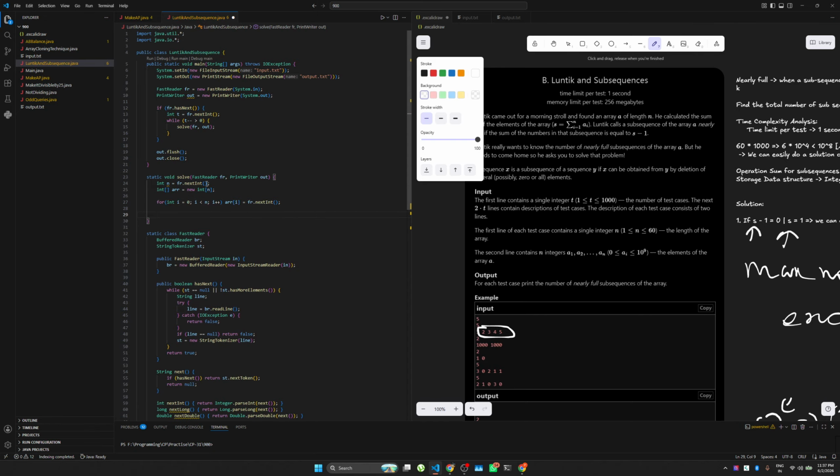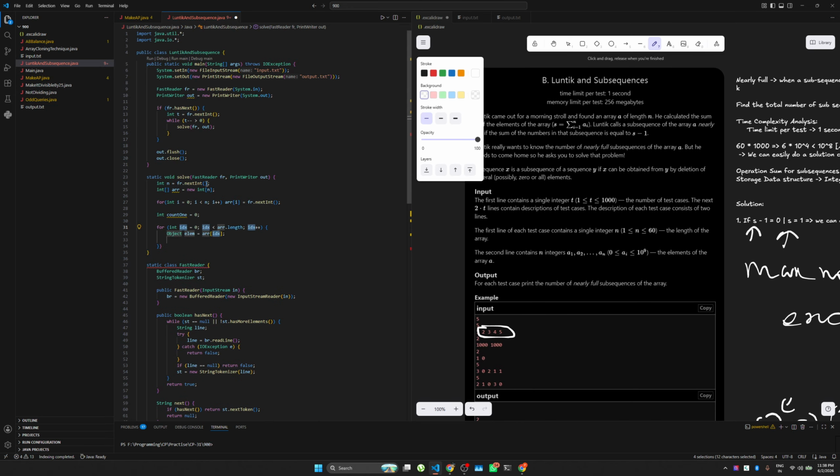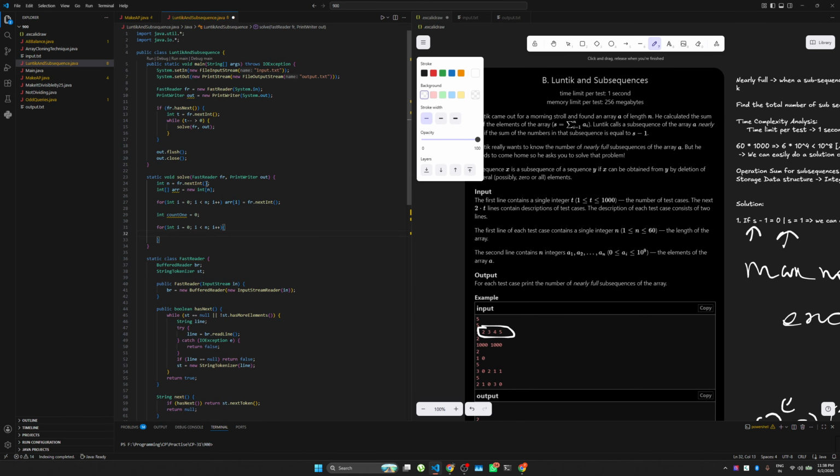And then let me create a count1 which is 0, and a simple check: if a[i] equals 1, count1 plus plus.